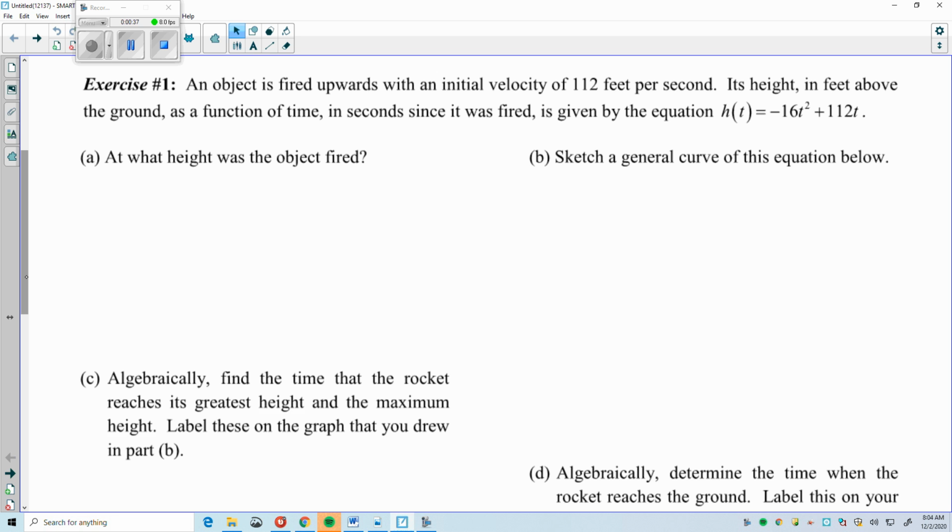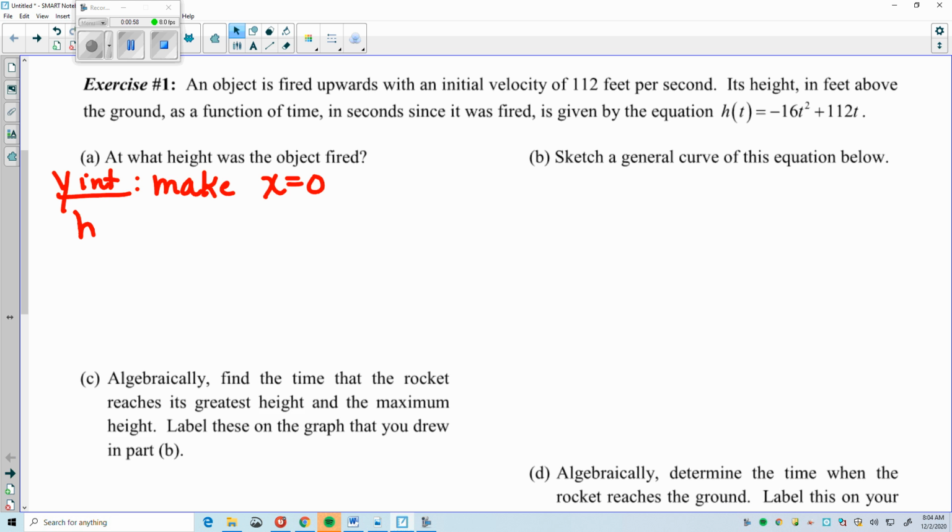So a different way to say this is, what is your initial value? A different way to say this is, what is your y-intercept? So if we're going to make a y-intercept, we want to make your x value equal to 0, or in this case, it would be our t value.